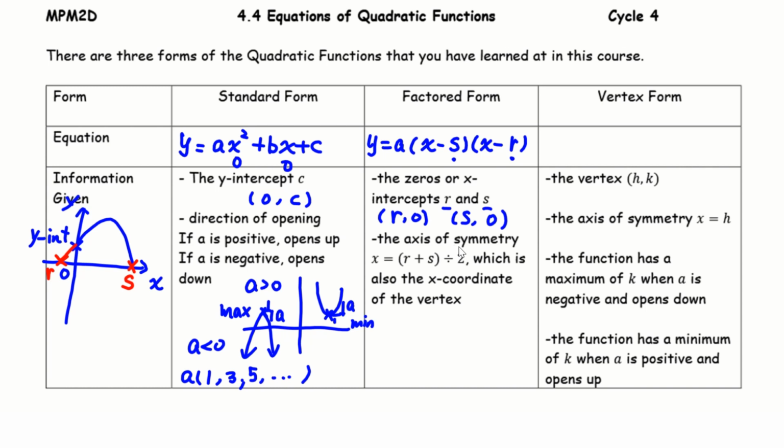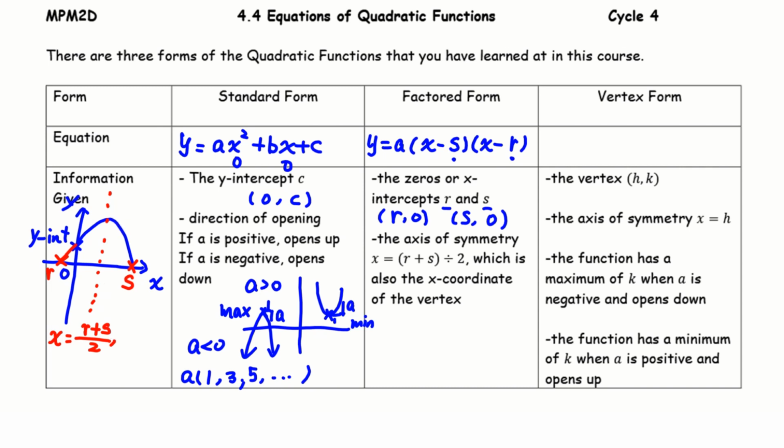And the axis of symmetry is at the middle of the 2 zeros. So this is r plus s over 2, the average of the zeros, the average of the x-intercepts. This is your axis of symmetry. Then once we have this number, we could sub it back. Then this is your p-value.